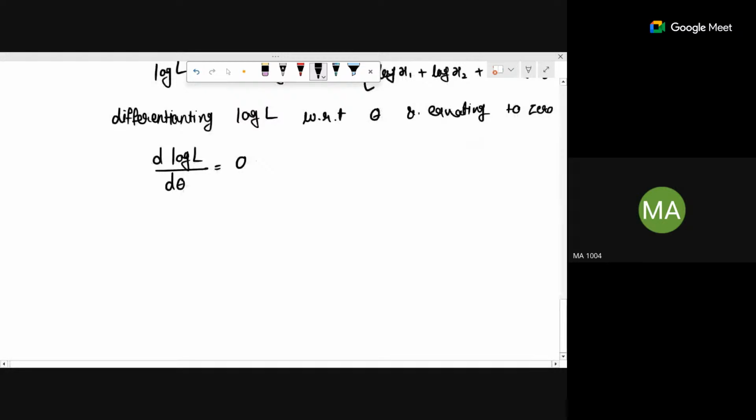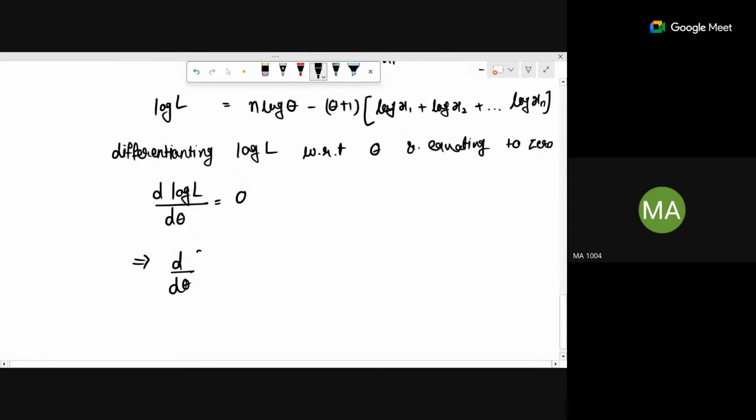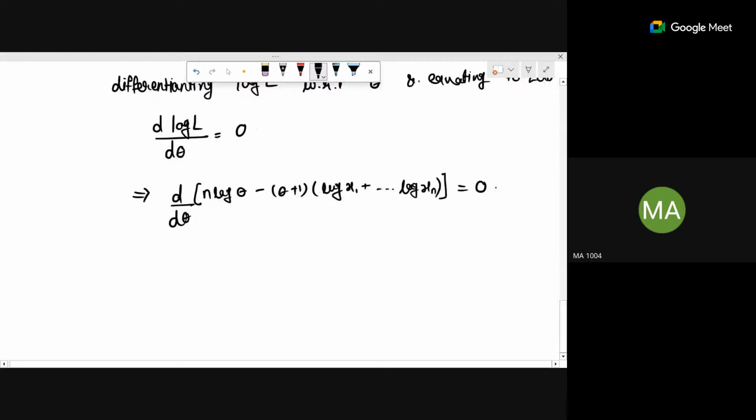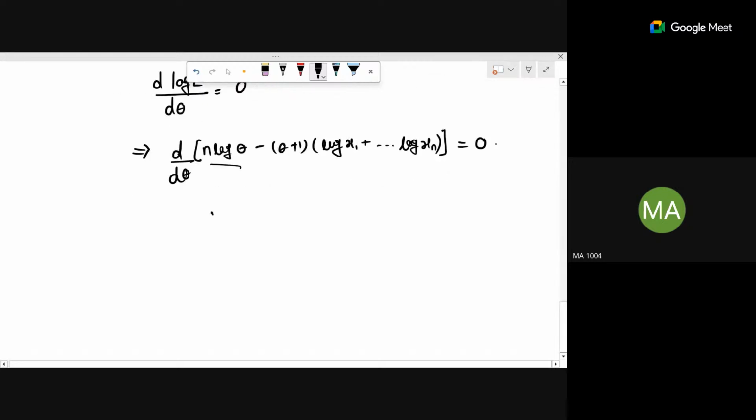That will give us the derivative of this function: n log theta minus theta plus 1 times log of x1 till log of xn, and that is equal to 0. So what will be the differentiation of n log theta? n is constant and the differentiation of log theta is 1 upon theta. Then minus of theta plus 1.